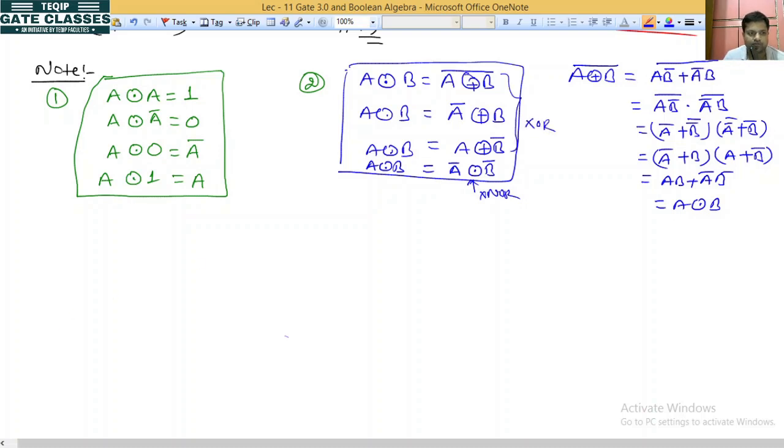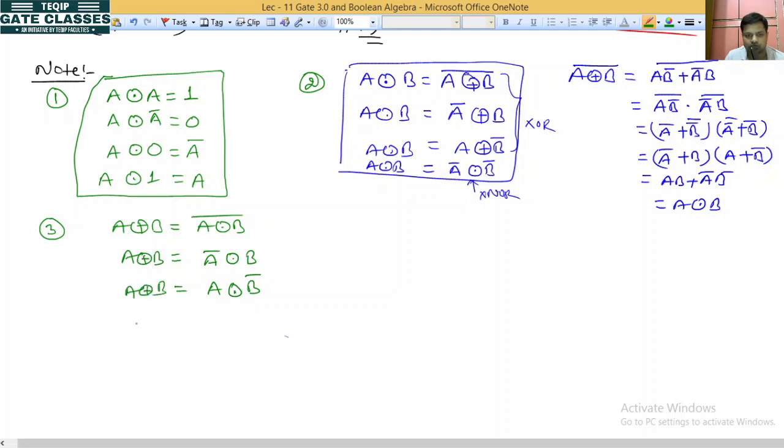Now the third point. Let us come to the third point. If we have A XOR B, then A XNOR B complement will be A XOR B. A bar XNOR B is also equal to A XOR B. Similarly, it is also equal to A XOR B. All are equal to A XOR B. You can prove by yourself, because in similar fashion you can prove all these formulas.